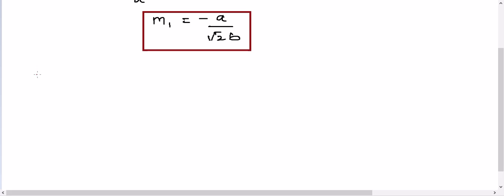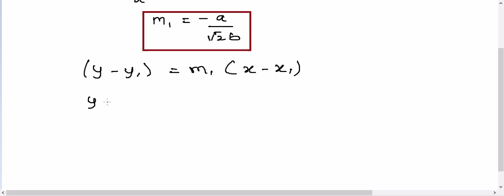Now we will continue and use the form y minus y1 is equal to m1 into x minus x1.